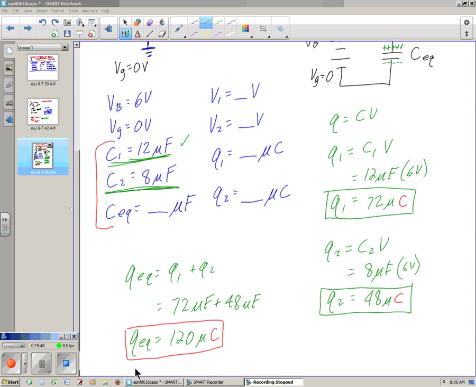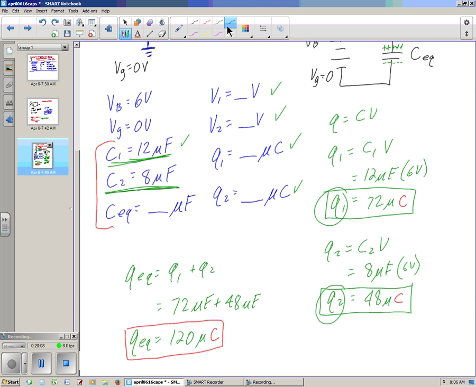on it. So let's take a look at our table and see if we've filled in everything. What we knew was V1 and V2 and VB are all going to be 6 volts. We just calculated here Q1, calculated here Q2, and I left one off the table.